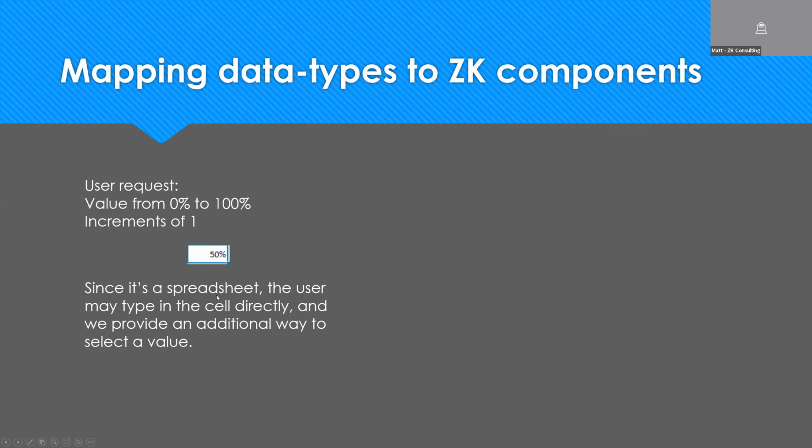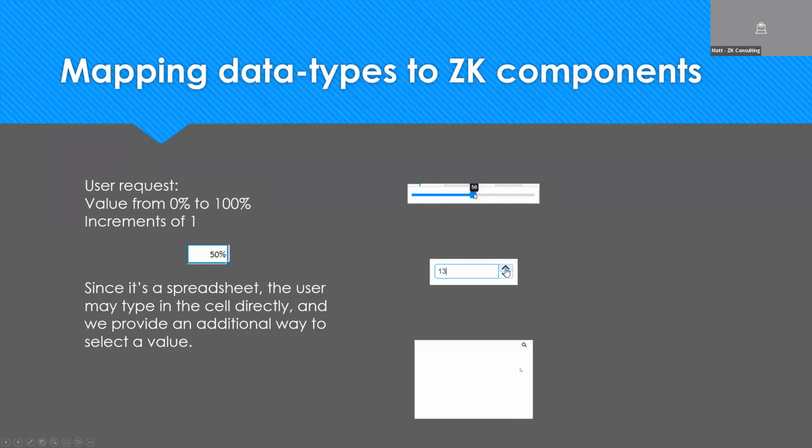Since it's a spreadsheet, the user can already type in the value directly in the cell, but we also want to give them an additional way to select a value to make it convenient for them if they don't want to go back to the keyboard or if they need some additional visualization, any sort of use case. So I've prepared three choices of ZK component that could be used to fulfill the exact letter of that request. One of them is a slider, one of them is a spinner, and one of them is just a list of every number from 0 to 100.